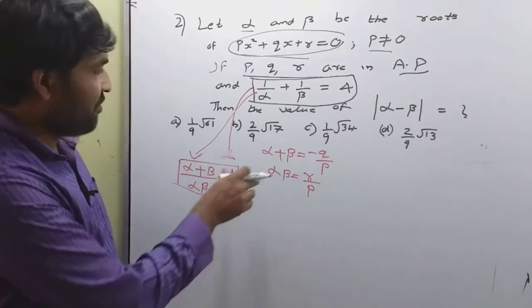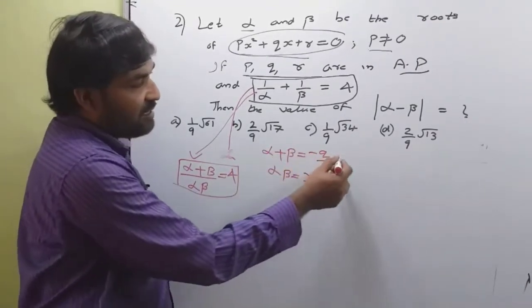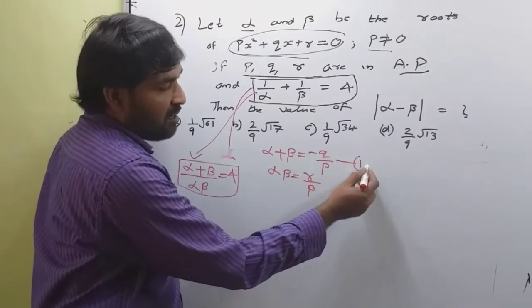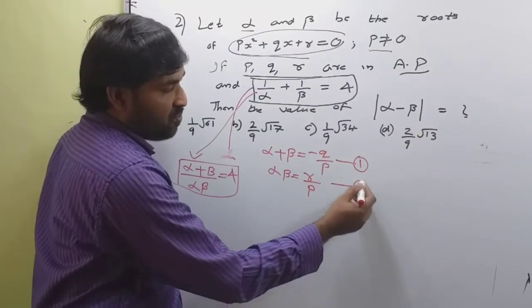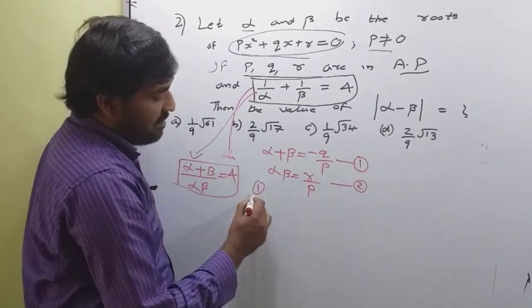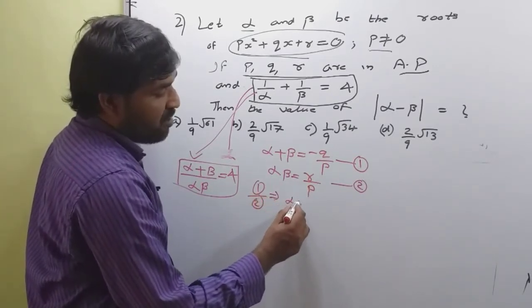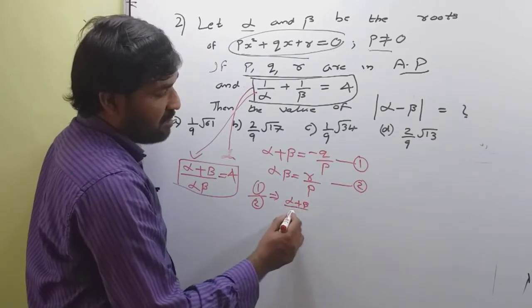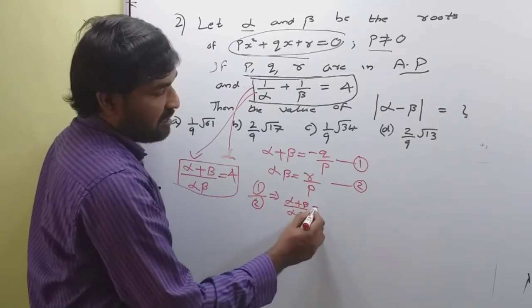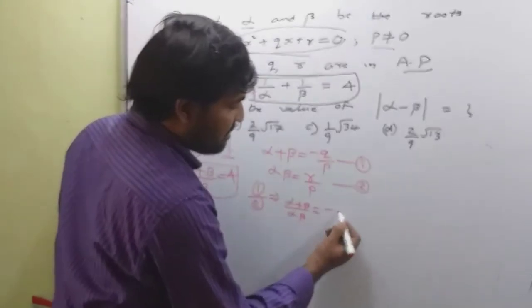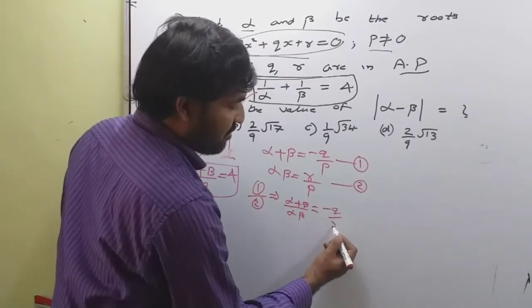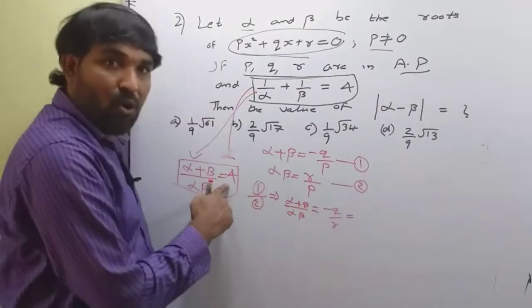Let this be equation 1 and this be equation 2. Dividing 1 by 2, alpha plus beta divided by alpha beta is equal to minus q by r, which is equal to 4.